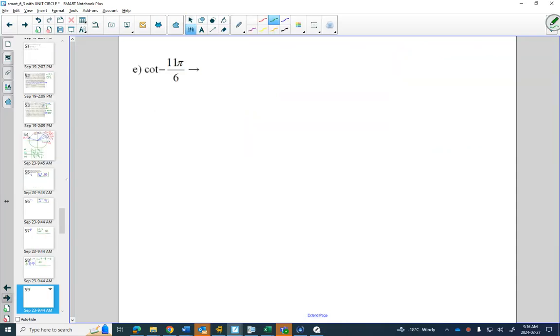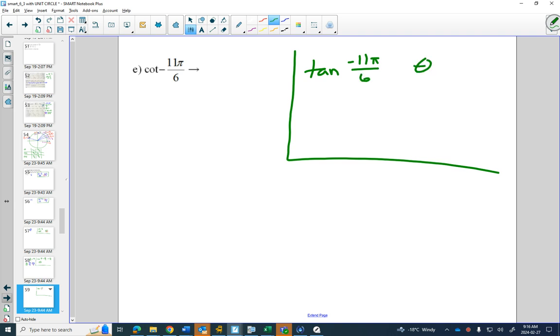So again, here in my thinking box, I see cotangent, so I think tangent. Angle doesn't change. Pretty obvious that this is part of the pi over 6 family. So I already know it's going to be root 3 over 3 because I know my pi over 6 family for tan in quadrant 1 is root 3 over 3.